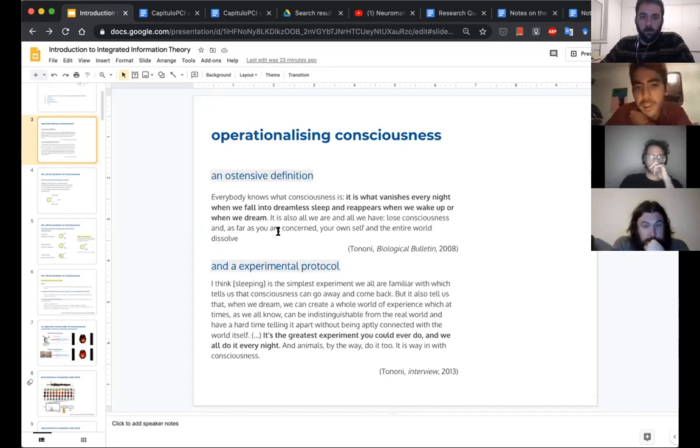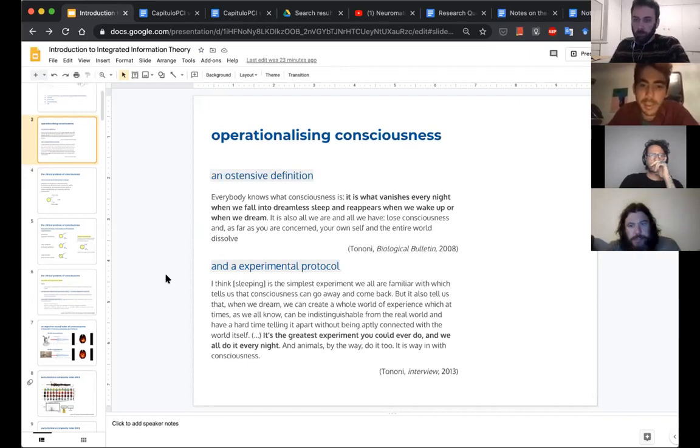It is what vanishes every night when we fall into dreamless sleep and reappears when we wake up or when we dream. This is what we mean when we talk about consciousness. It's the world of experience that vanishes during dreamless sleep. It's not self-consciousness or some more particular form of consciousness, but just subjective experience in general.